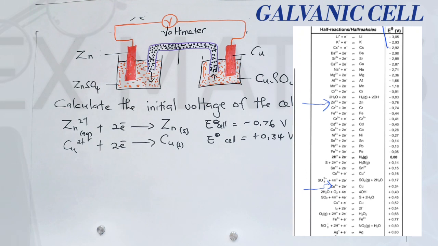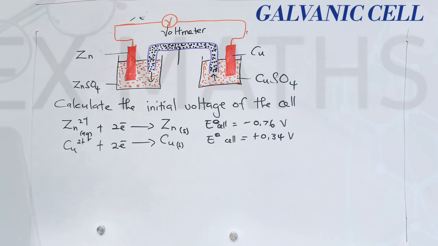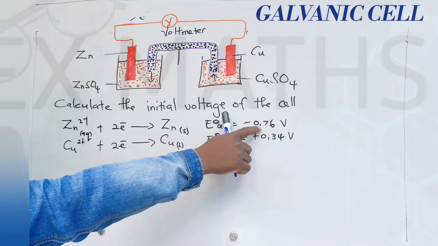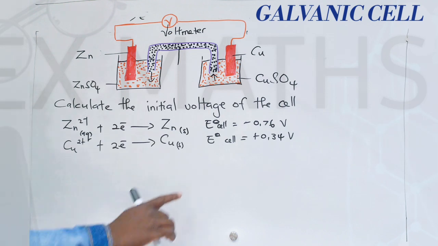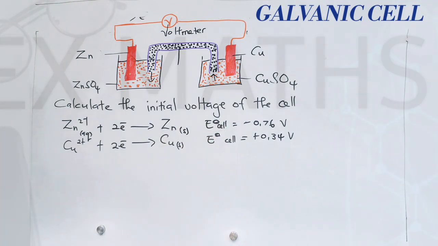So what we need to do here is check the one which is more negative. The half reaction which is more negative is this one. That's the one which reverses, because as you can see, all these half reactions are reduction reactions, but this one will be going under redox reaction, meaning reduction and oxidation. All of these metals can be reduced, but one needs to be oxidized. The one which is more negative is going to be oxidized, so we need to reverse it.